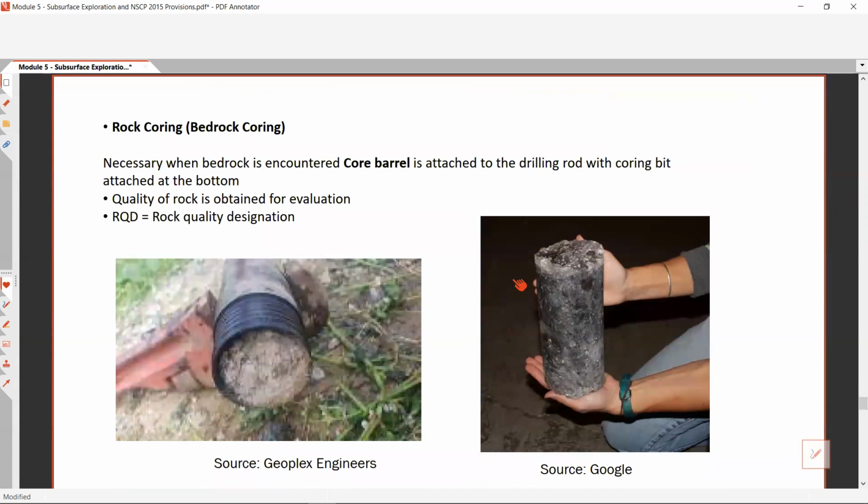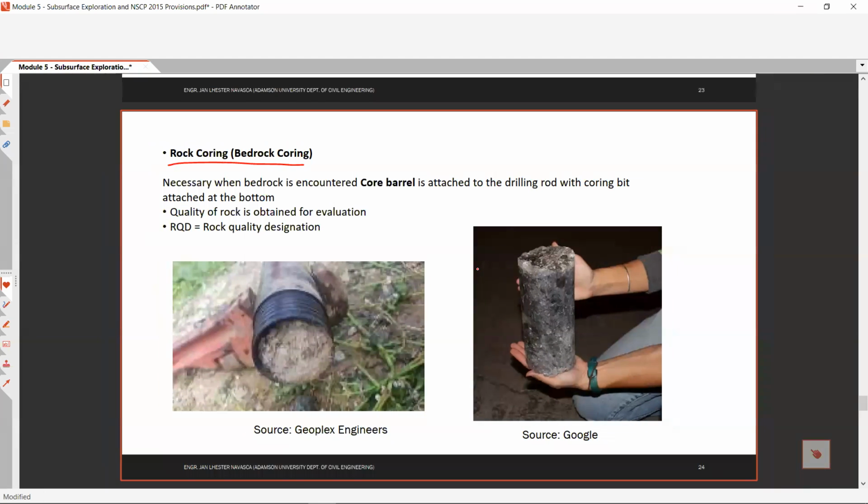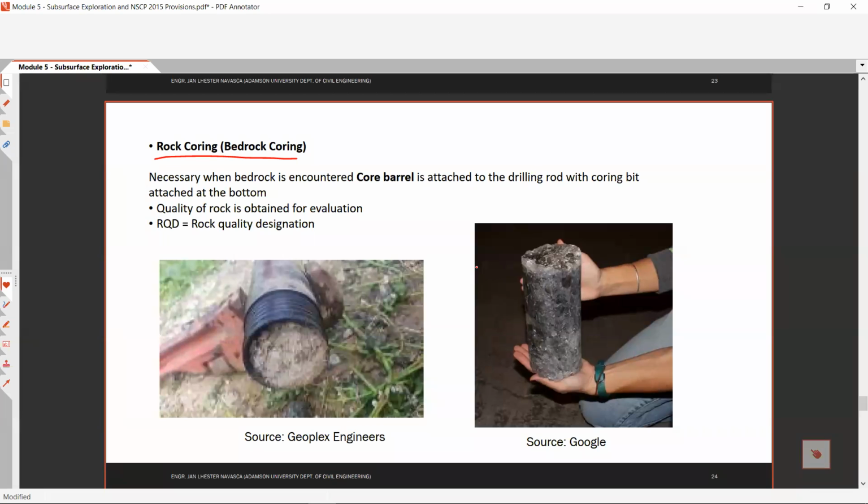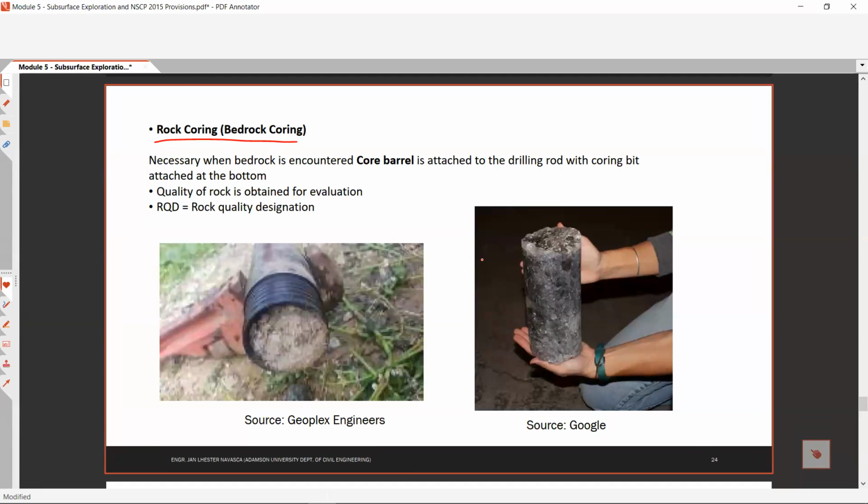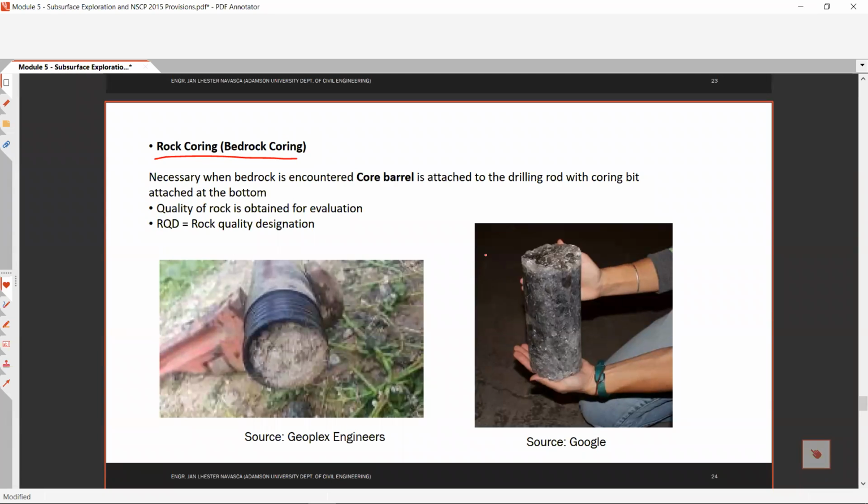And we also have this rock coring. Again, the last test boring, the percussion drilling, percussion boring, is able to get the rock sample or the bedrock sample.